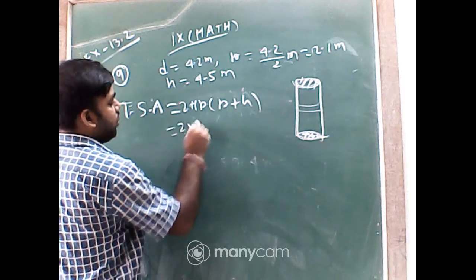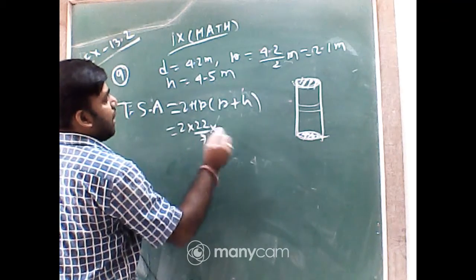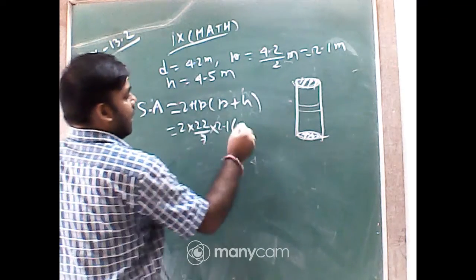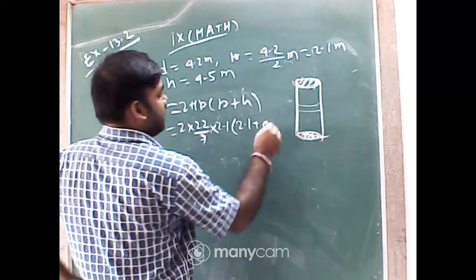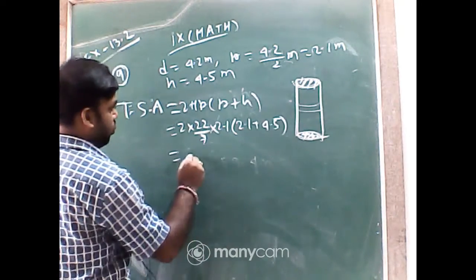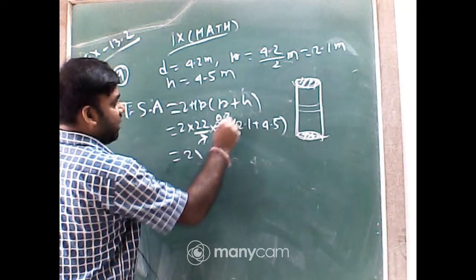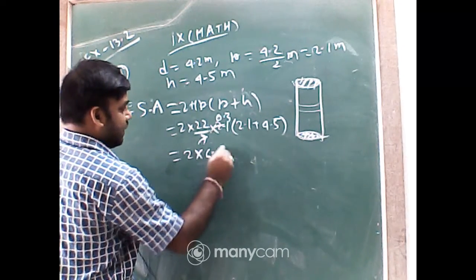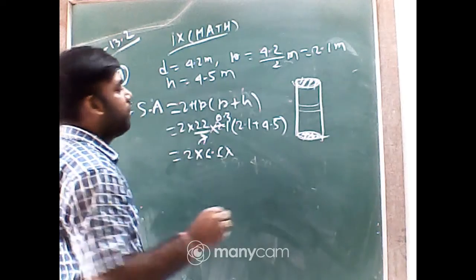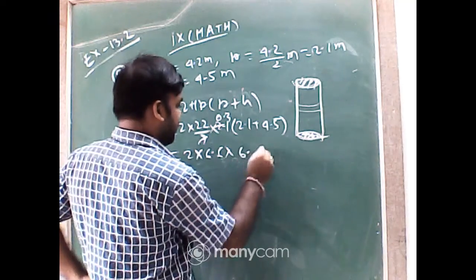2 into 22 by 7 into r means 2.1, plus 4.5. So 2 into 0.3, that is 6.6, into 2.1 plus 4.5, that is 6.6.